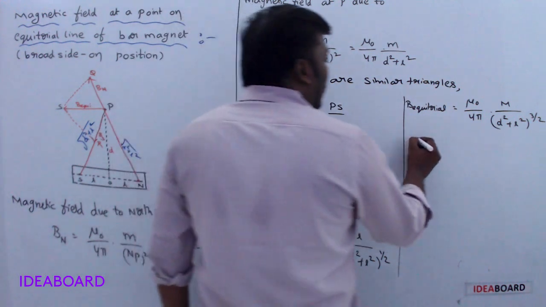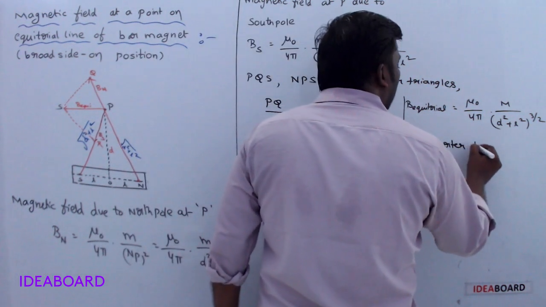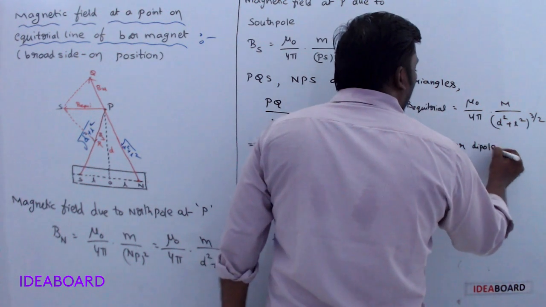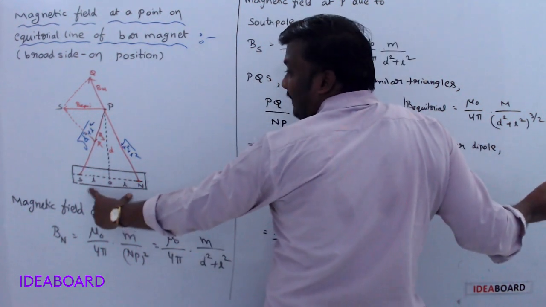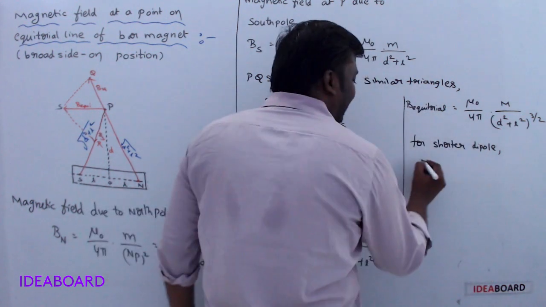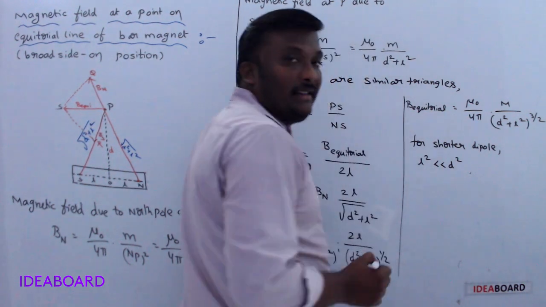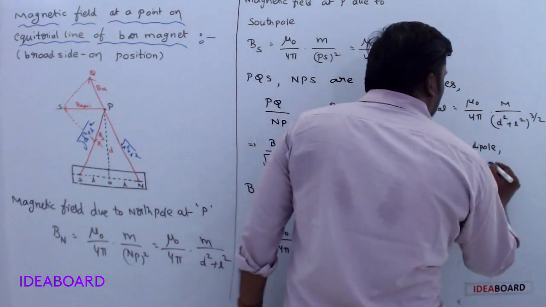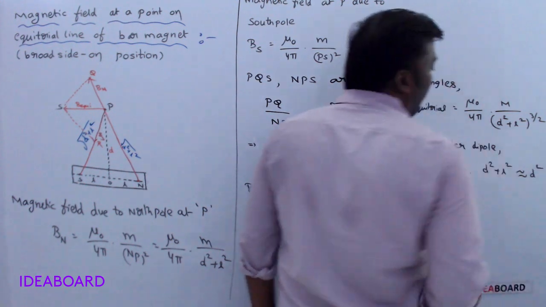For a shorter dipole, previously we said shorter dipole means the length of the bar magnet is small, so L square is very much lesser than d square. So d square plus L square can be written as d square.